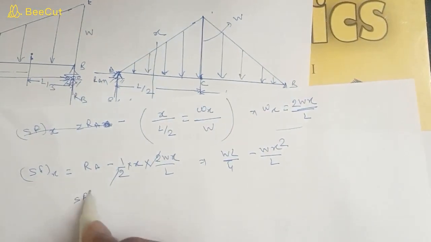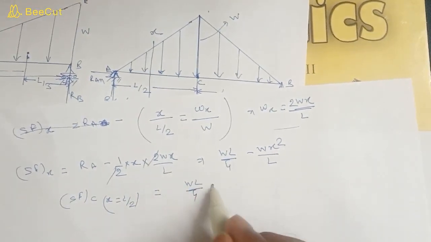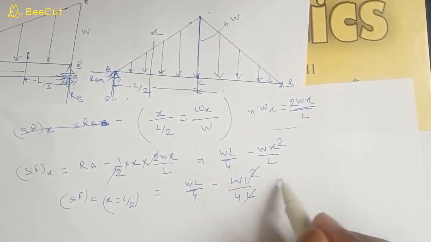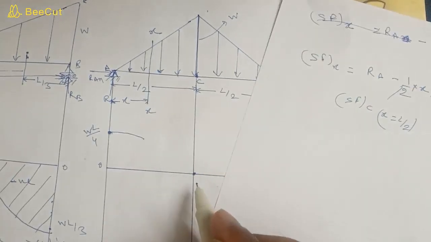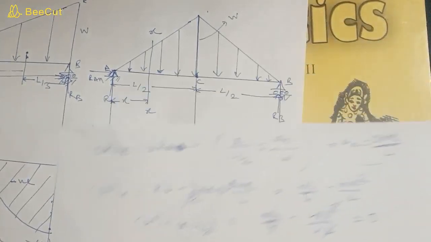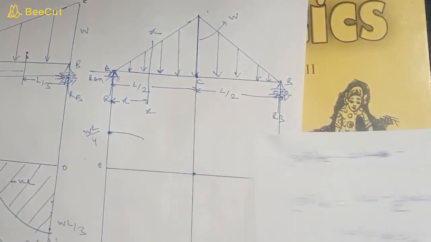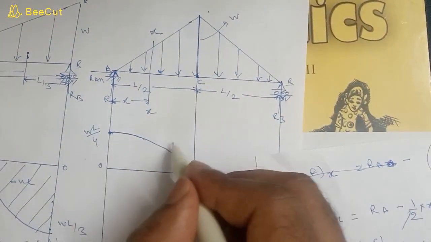So shear force at C, or x is equal to L by 2, is equal to WL by 4 minus W into L square by 4L. So it will become 0. So shear force at this point is 0. Now you have seen that this is a parabolic equation, y is equal to minus x square. So this will be a convex type of curve. So we will join this by a parabolic curve.